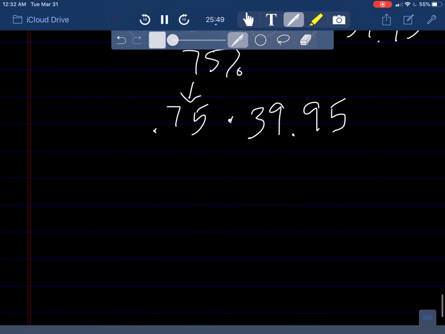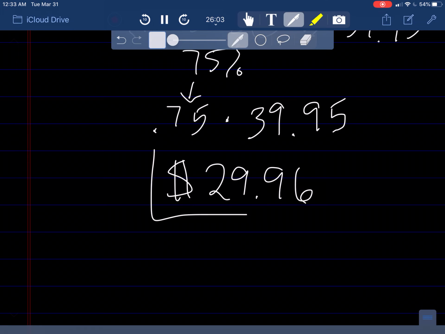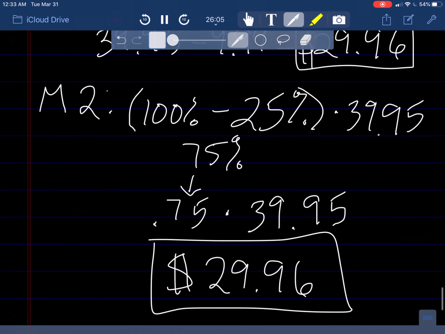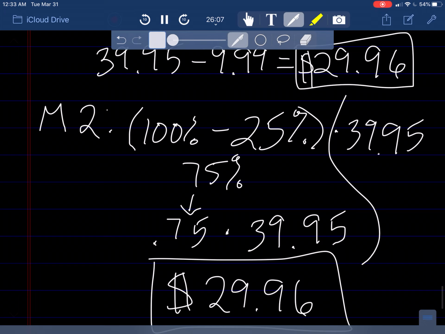All right, so when you take your calculator or your scratch paper and you multiply 0.75 times 39.95, you should get $29.96. So if we check, we've got $29.96 here, and we also have it here. So we did it correctly.